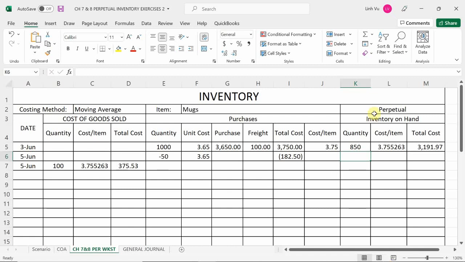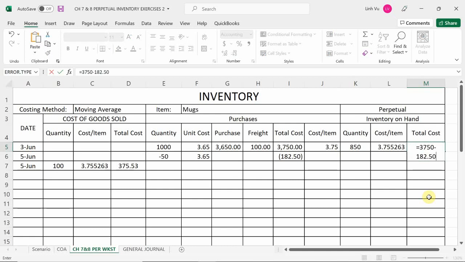Again, if you had this at what it was before, so let me see, if it was 3,750 minus 182.50, okay, you can also come over here and also edit that as well. Since we already have the cost per item, that will never change. So if you want to do it this way too, you can, just to get a more accurate answer.